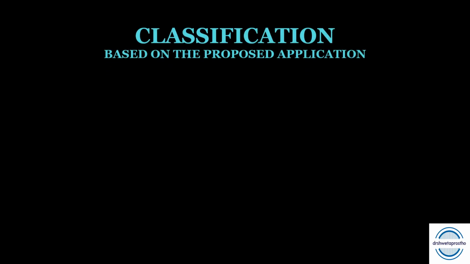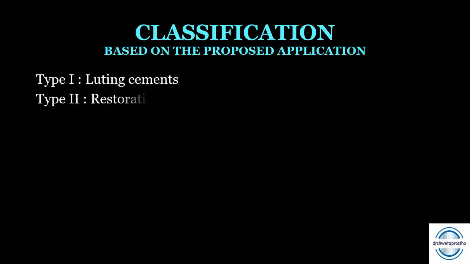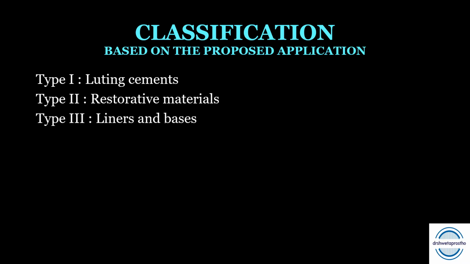The next classification is based on the uses, the proposed application. In this, type 1 are the luting cements, again used for luting of crowns, bridges, inlays, onlays. Type 2 are used as a restorative material both in the aesthetic and the non-aesthetic zone. Type 3 are used as a liner and base.